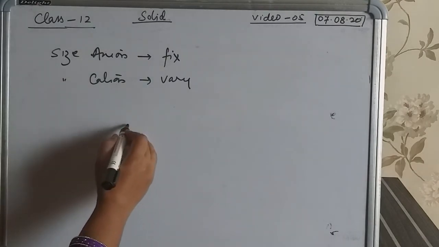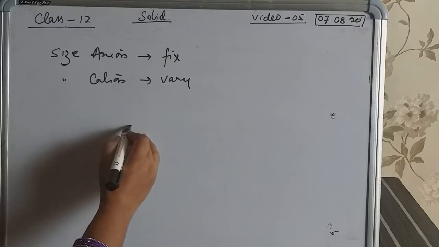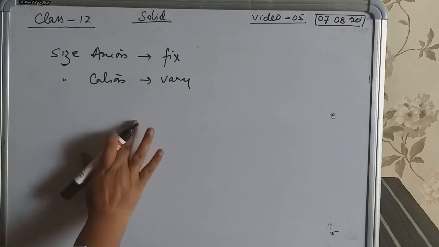Let's talk about it, suppose we have a smaller cation like this.